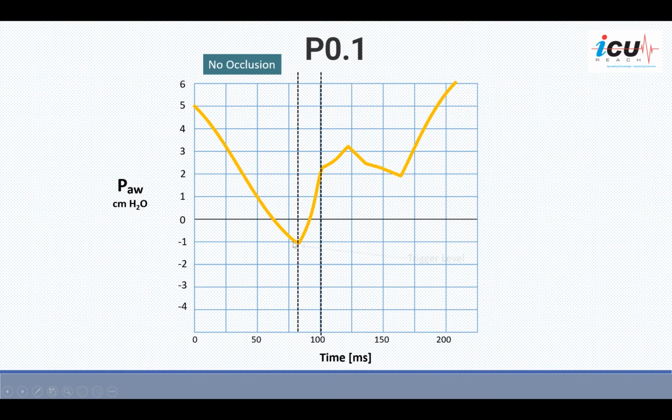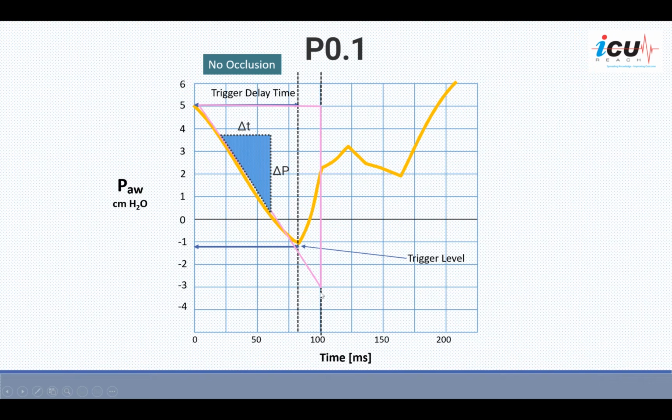So the ventilator will look at the steepest part of the drop in the pressure, and it will look at the change of the pressure over change of time, and extrapolate this to see what the pressure would be if it continued with this slope.